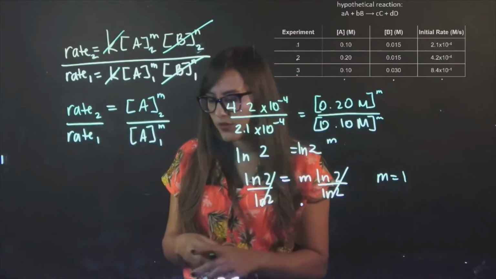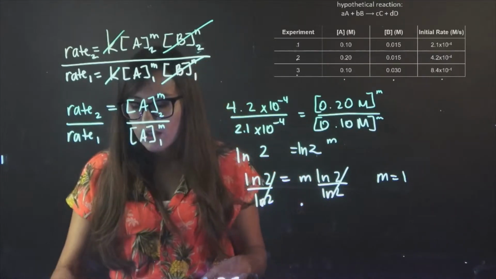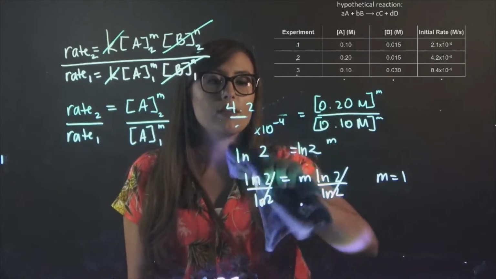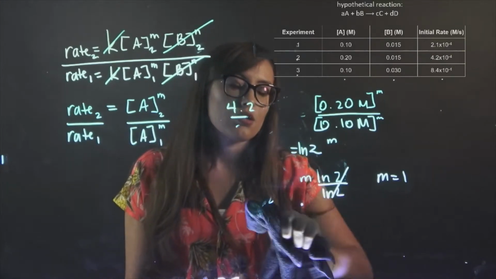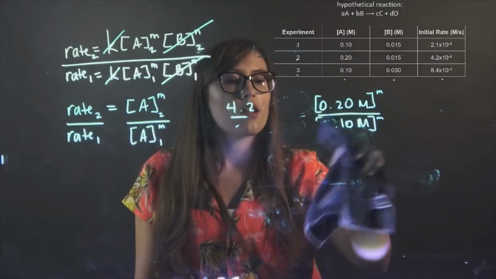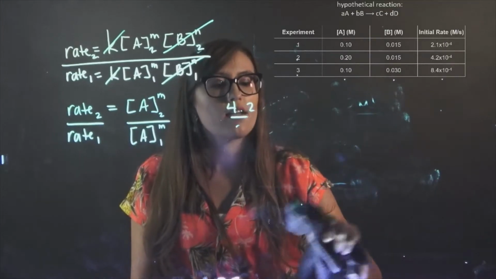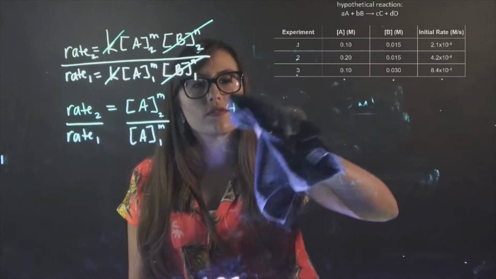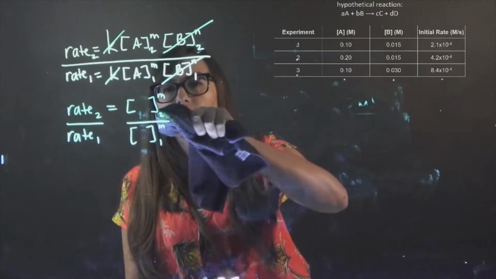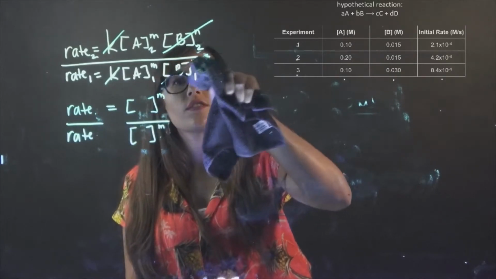We're going to go ahead and do the same exact steps, but looking for the value of n for B. But in this case, instead of holding constant the concentration of B, we're going to hold constant the concentration of A for the second part. The same thing's going to happen over here.